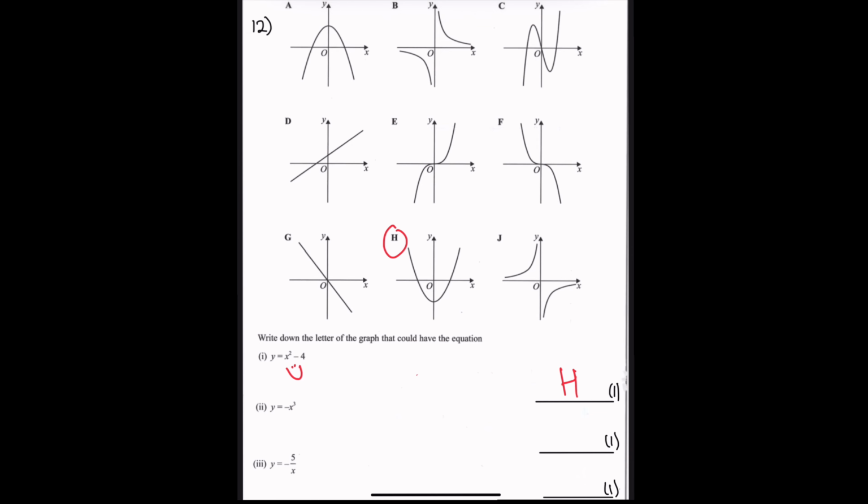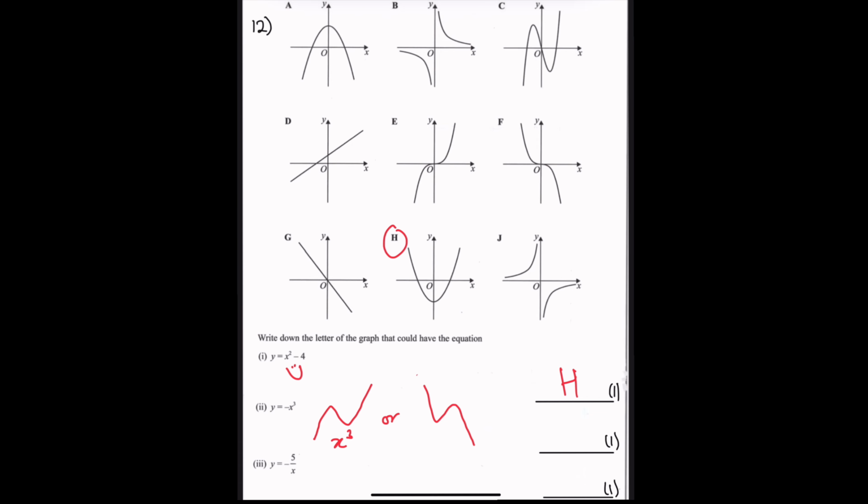Okay, cubic graphs. Y equals minus x cubed. So we've got two options for a cubic. They have two turning points, so it can either look like this, or it can look like this. In this case, this is positive x cubed.